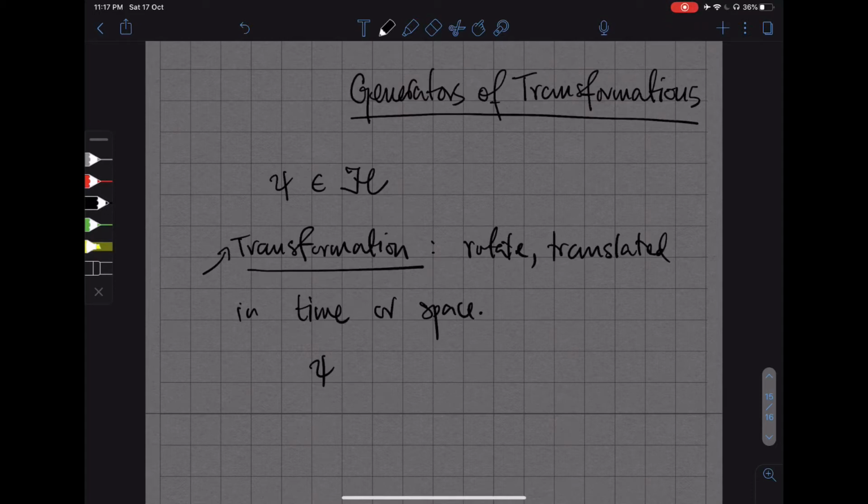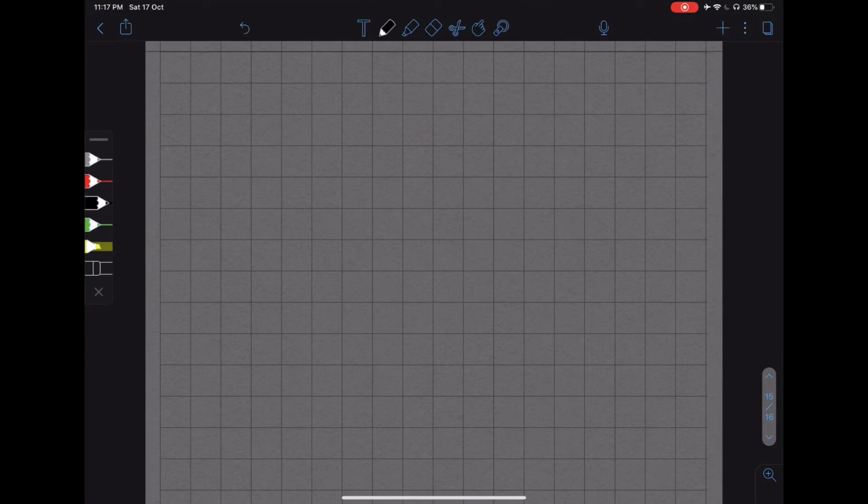The answer to this is a very central fact of quantum mechanics. Suppose that psi is a state of some system, and we make some changes to the system, which is parameterized by some real parameter a. This real parameter can be, for example, a rotation, a translation in time, or a translation in space.